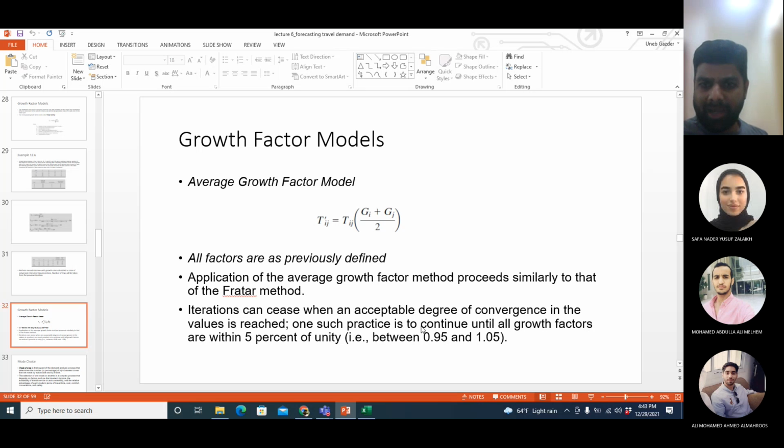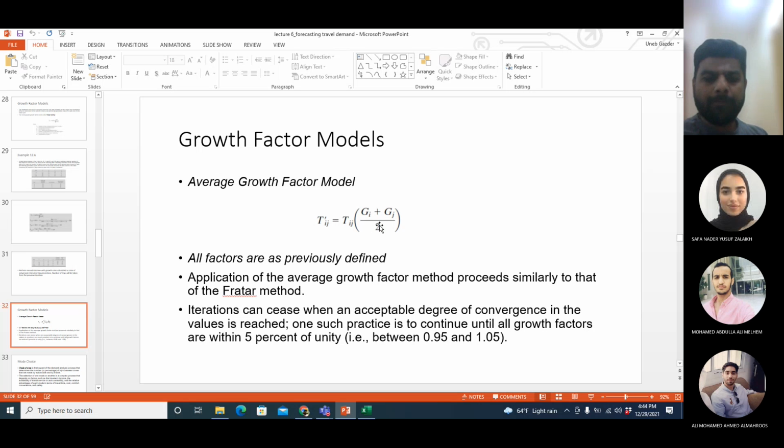You have the current trips between each two zones, and you have the growth rate for each zone, and that's it. The average growth factor formula says that the current number of trips, Tij, must be multiplied by the average growth rate of both the zones.